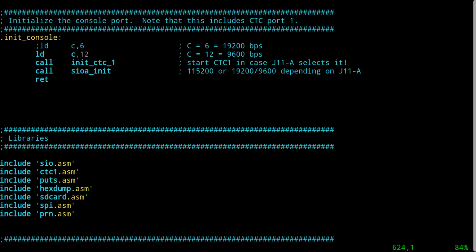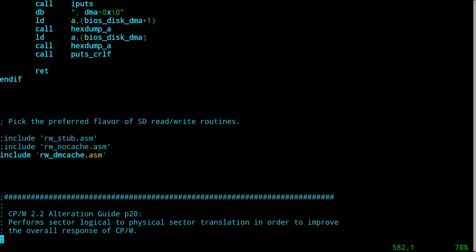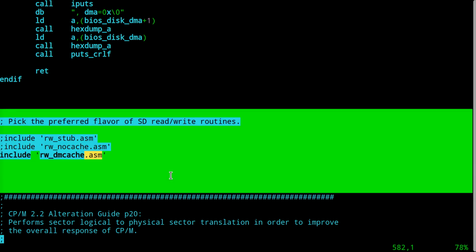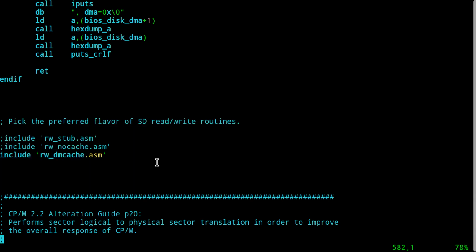And up here where the read and write routines used to be, we have this. Okay, so we either include the original stub, or you can include the no cache, which is what we've been using for the last half year. That's the one block buffer to deblock and block the access to the SD card. And here's the new one.